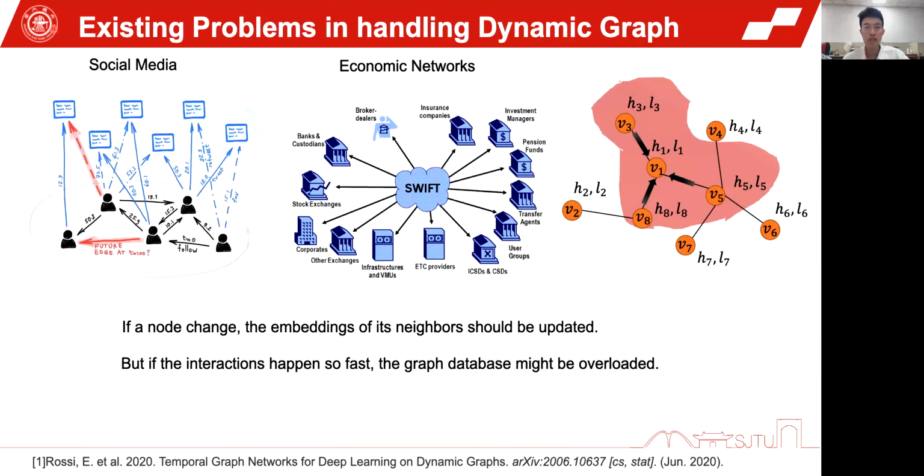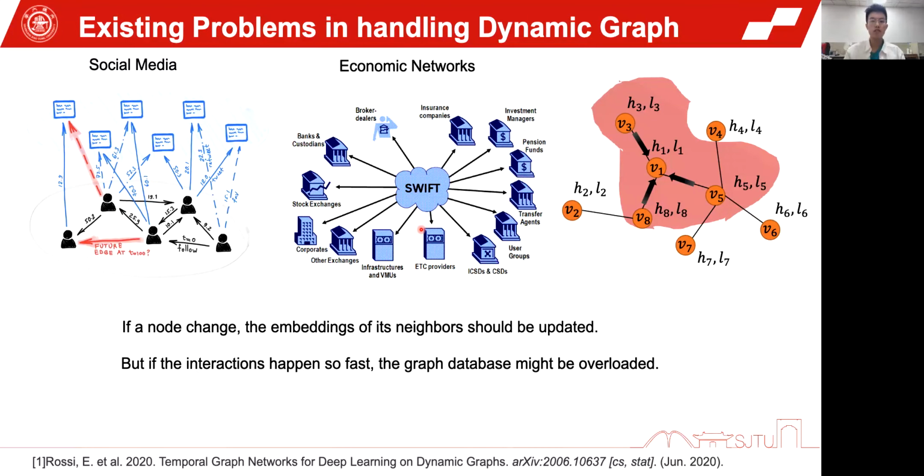For example, in social media networks, users often transfer their interests to other entities in a short time due to some hotspot event. Or in the economic networks, people usually spend or transfer their money to a new company, and a new company transfers their money to another new company. This is a dynamic graph.